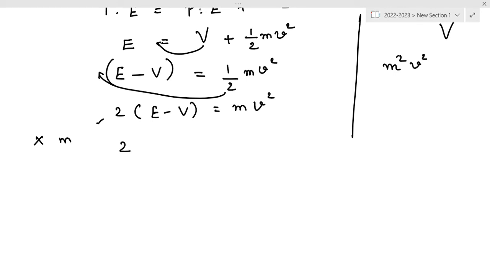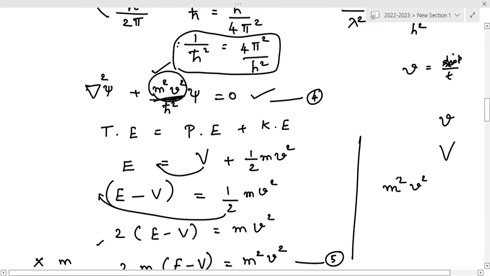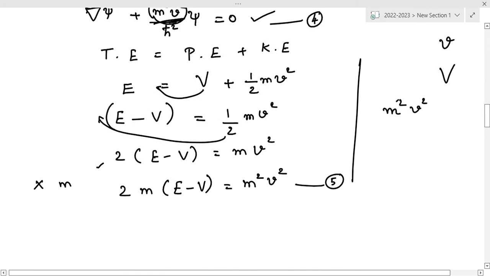We get 2m E minus v is equal to m square v square. Now substitute this m square v square as 2m E minus v in equation 4.